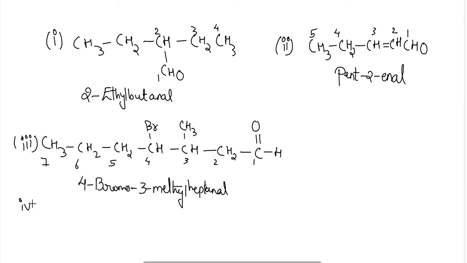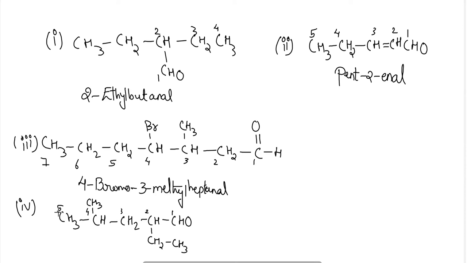So first example, second example, third example, the fourth example I am taking here is CH3, CH2, CH, CHO, CH2, CH3. The longest chain here is 1, 2, 3, 4, 5, five carbon atoms.